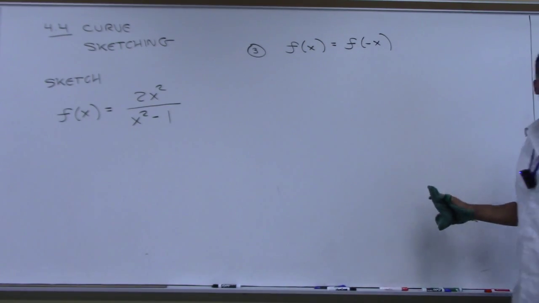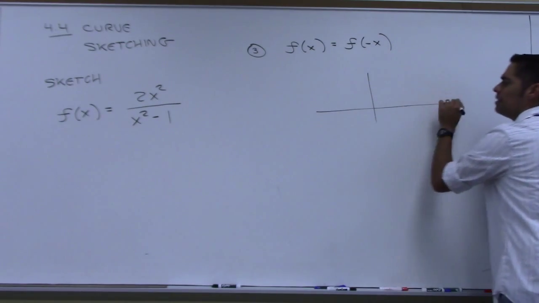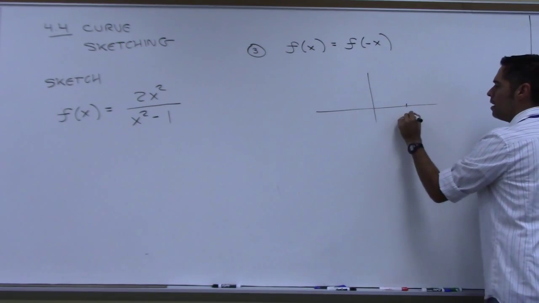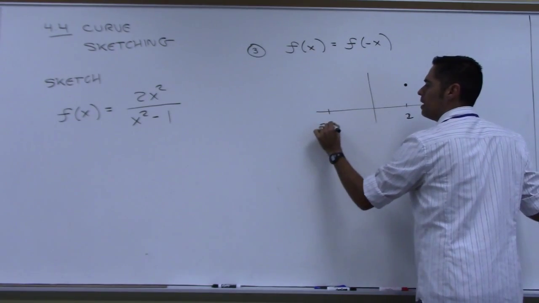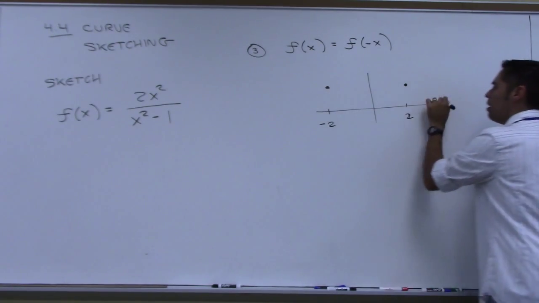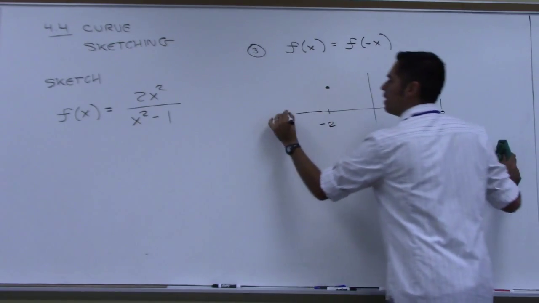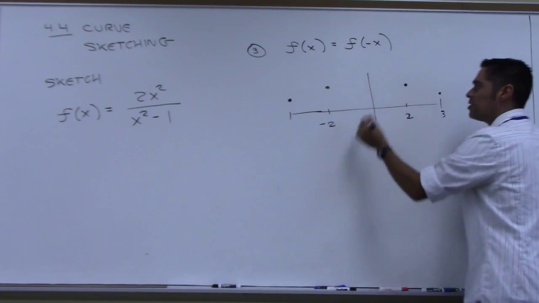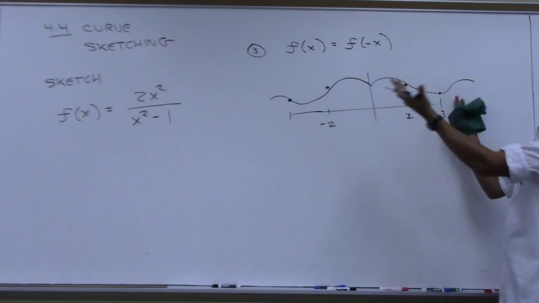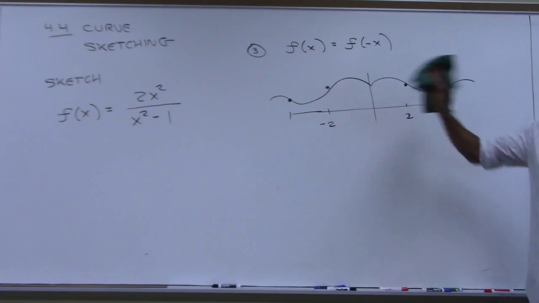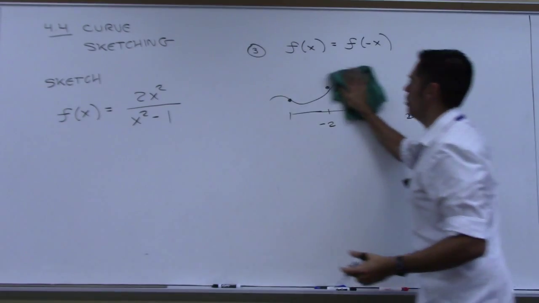That means if I plug in, let's say 2, I get some number, right? Is that the same as plugging in negative 2? And then if I plug in 3, I get this, and over here, negative 3, do I get the same thing? If so, then whatever this looks like, it would look like the same thing, reflected over? That would be symmetry.